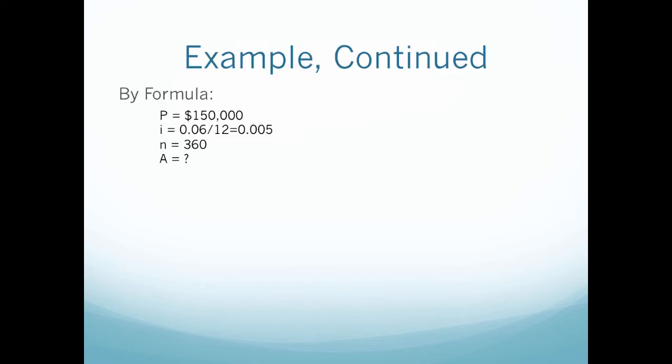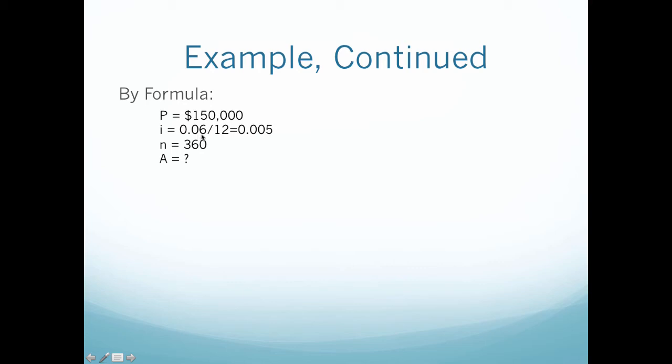Okay, so using the formula, I'm going to get this, where my P or my present value is $150,000. My I now is a little bit different. So I'm told in the problem that my nominal interest rate or my annual interest rate is 6%. But it's going to be compounded monthly because I'm going to have a monthly mortgage payment. So if I compound that monthly, that then becomes an effective interest rate.